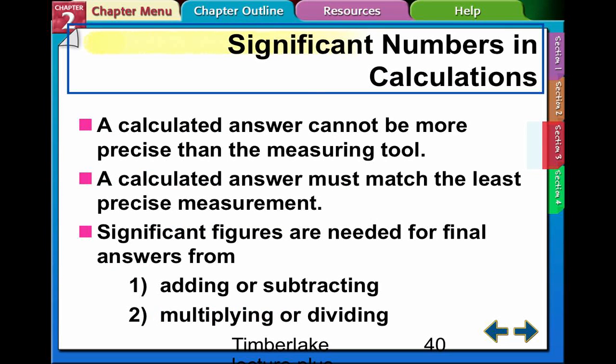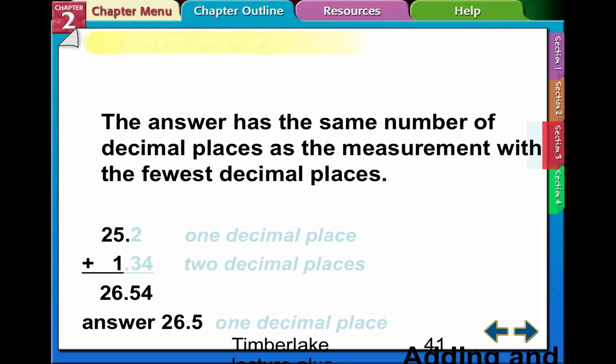A calculated answer cannot be more precise than the measuring tool. A calculated answer must match the least precise measurement. Significant figures are needed for final answers from adding or subtracting, multiplying, and dividing. The answer has the same number of decimal places as the measurement with the fewest decimal places.